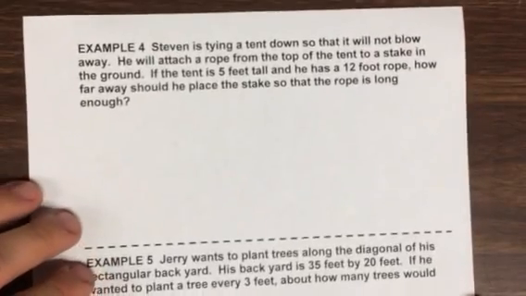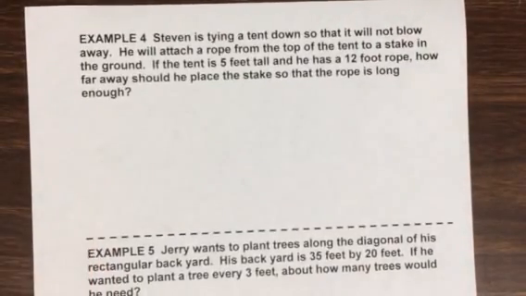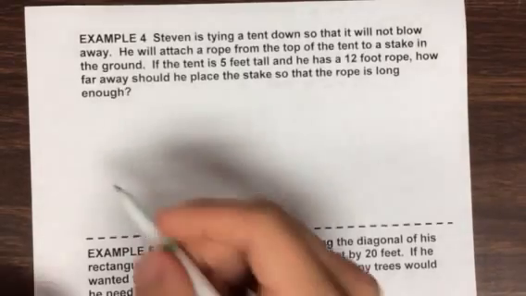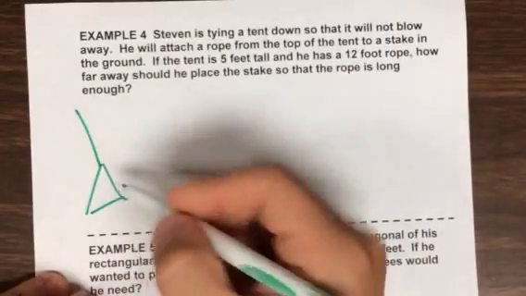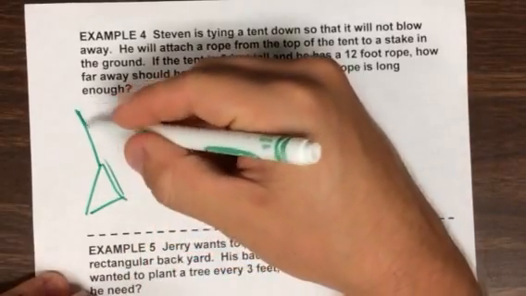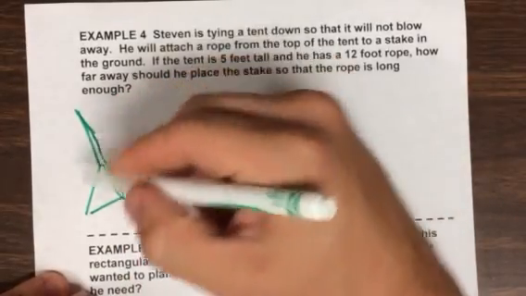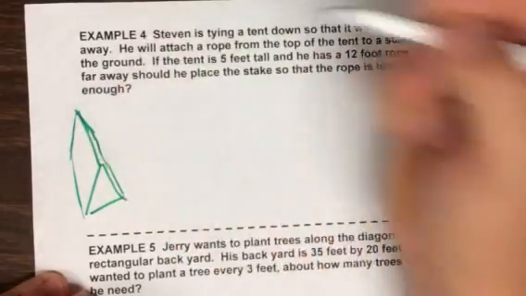Looking on at example number 4. Steve is trying to tie a tent down so that it will not blow away. He attaches a rope from the top of the tent. So let's say I've got a tent. Looks something like this. And I know I'm an amazing drawer. You're just going to have to forgive me for that. Okay, got myself a tent.